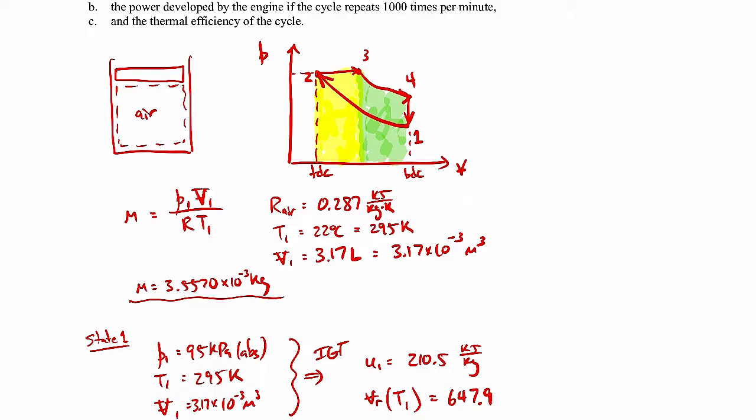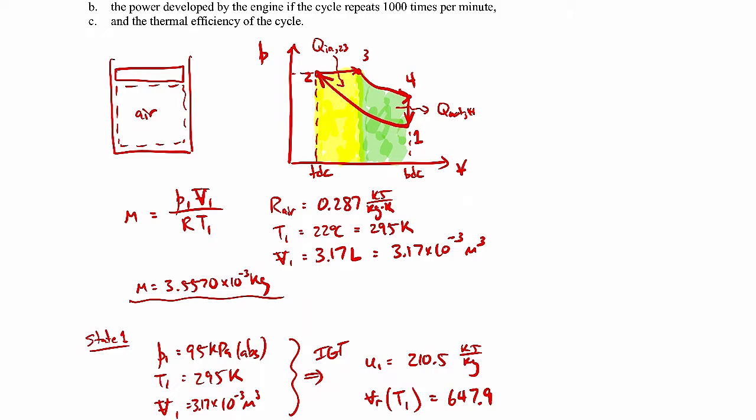Remember that there's heat transfer coming in 2 to 3 here. There's heat transfer going out from 4 to 1. So, if I did the first law from 2 to 3, I'd have to account for both the heat transfer and the work. I don't know the heat transfer off the top of my head. I haven't evaluated it. I don't have any information.